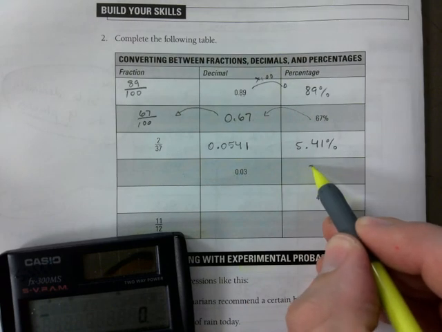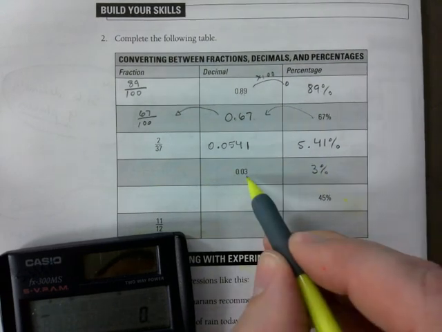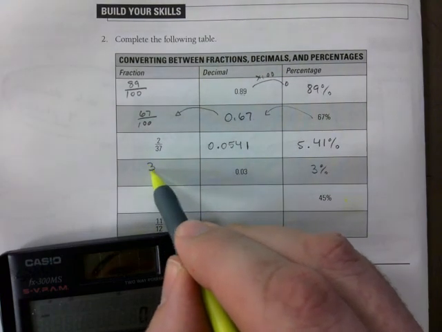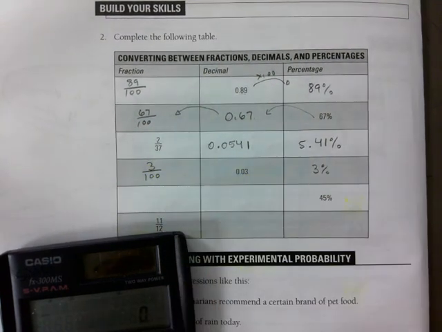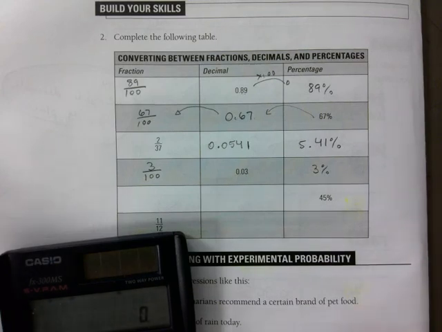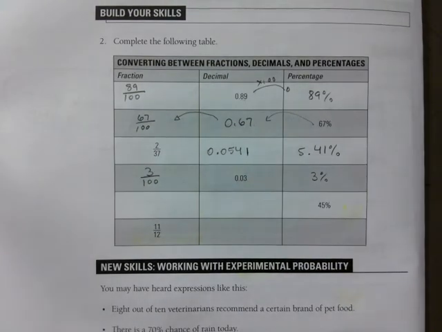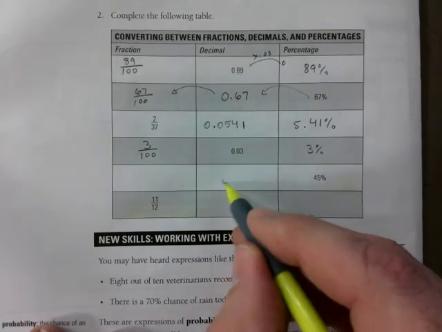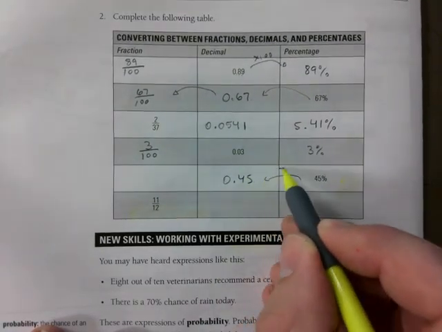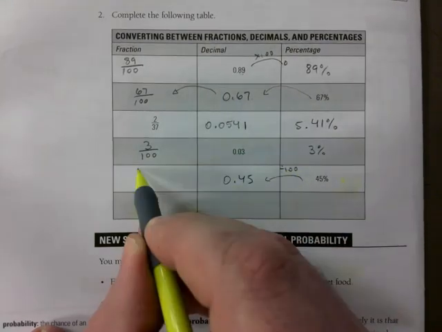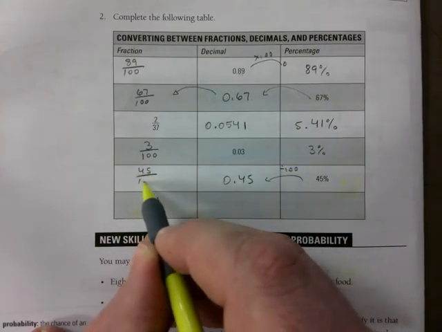3 times 100 will give you 3%. And I wonder how you did this one. You count 2 decimals, right? So it's 3 over 100. Okay. You can't cut that 0 because it's not a trailing 0. This is 0.45. You just divide that by 100. And then this gets you 45 over 100.